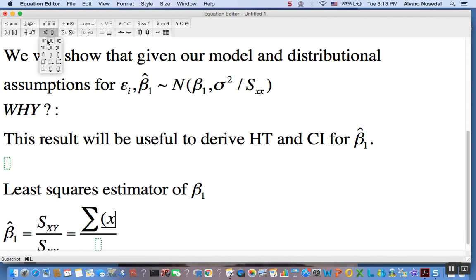Xi minus x bar, and then we want yi minus y bar.